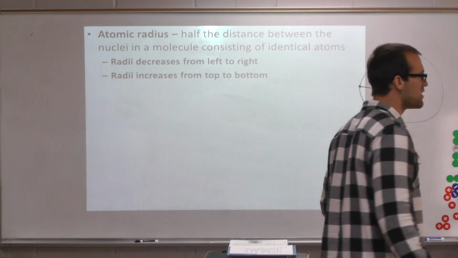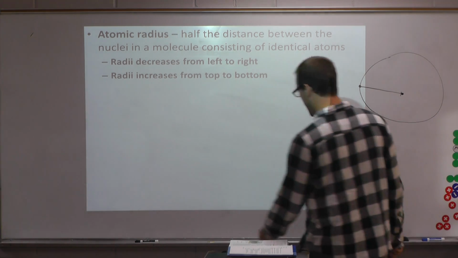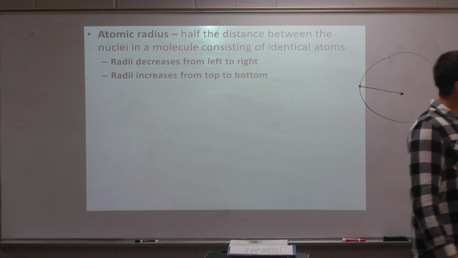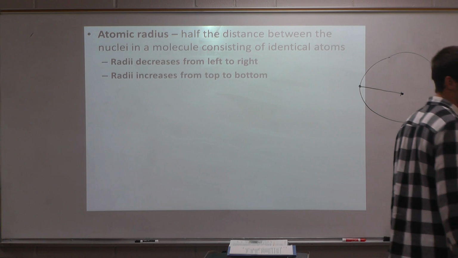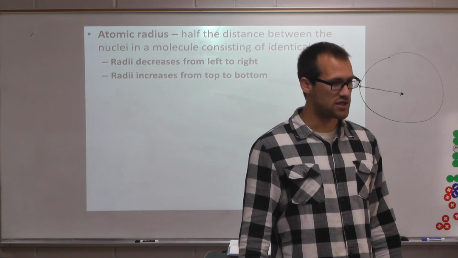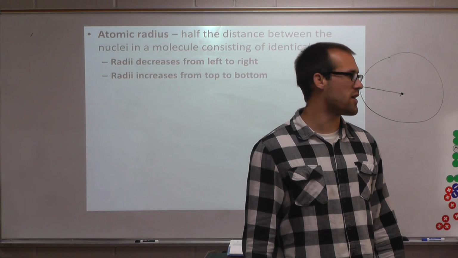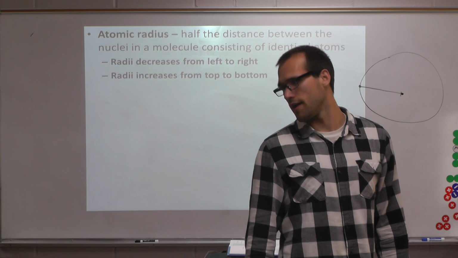Left to right's a little bit trickier. As I go from left to right, we stay within the same what? Energy levels. Okay? So top to bottom's easy because we're adding energy levels. We're getting further away from the nucleus. Pretty common sense, I think.